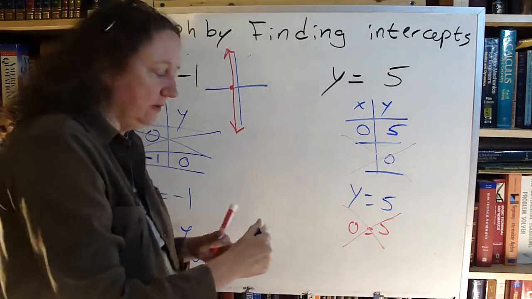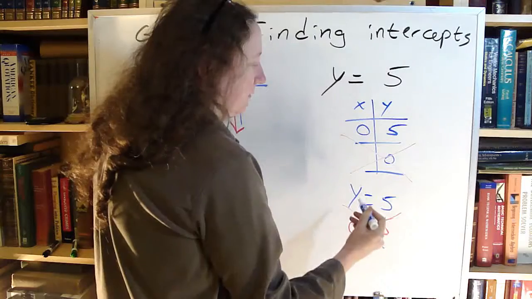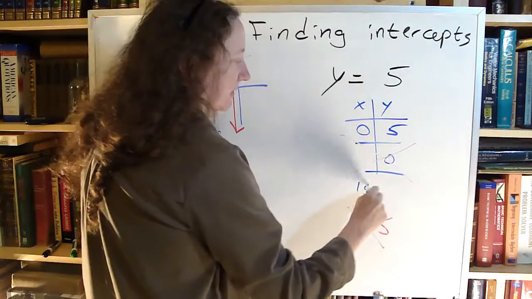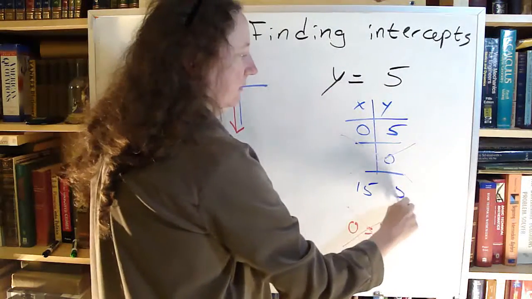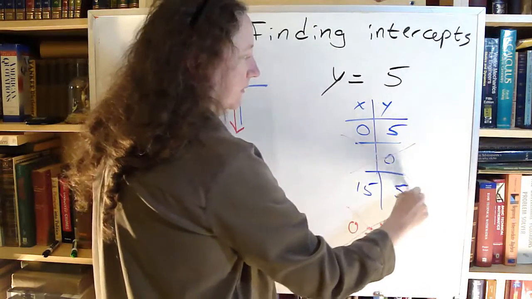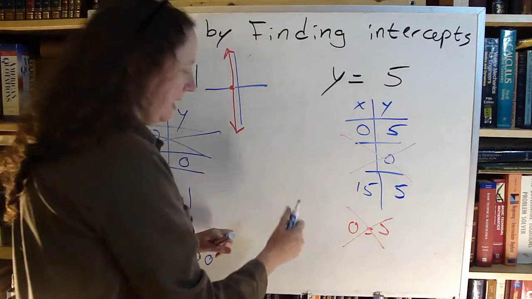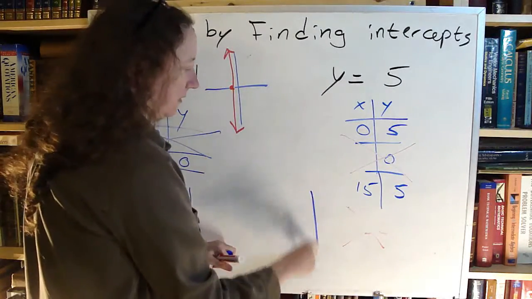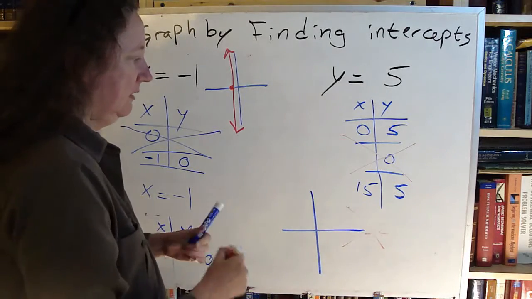And just like with the other, I could use any number I wanted to for x. Let's say that I use 15 for x. Y is still 5. Doesn't matter what x is here. So when I do my graph, I have 0, 5.